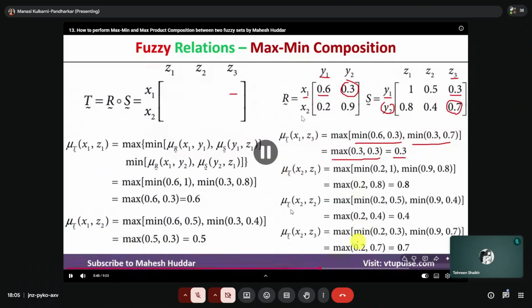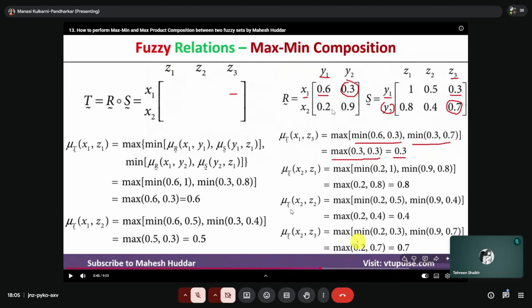I have calculated. Okay, so just check for x2 now. x2 to z1, how will you do this? Tell me. Ma'am, second row cross first column of z1, and second row and this one. Exactly. So can I say now 0.2 and 1, and then 0.9 and 0.8. Okay. So out of this, whatever is the maximum.